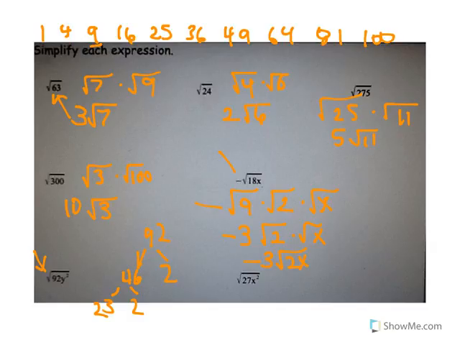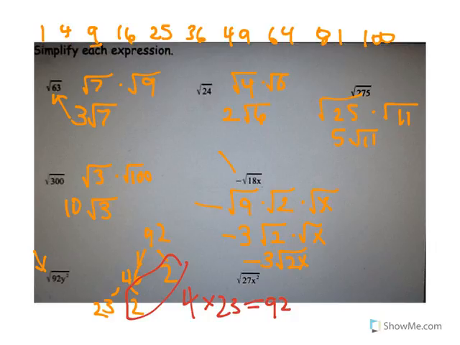So I have two 2's there, and with those two 2's, I'm going to combine them into the perfect square of 4. So this is 4 times 23. That's going to be equal to 92.